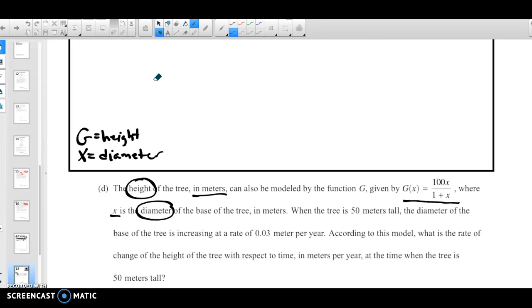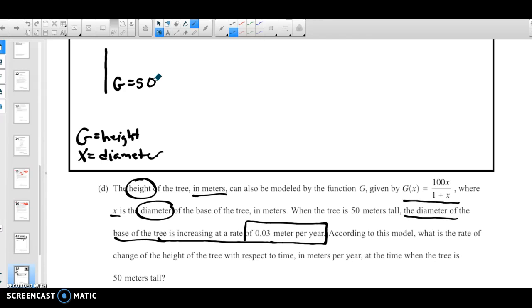When the tree is 50 meters tall, so when g is equal to 50, the diameter of the base of the tree is increasing at a rate of 0.3 meters per year. So I have a rate. This is the rate of change of diameter, and diameter in our problem is x. So dx/dt, when g is 50, equals 0.03. Is that number increasing? Yep, so I'll leave that as a positive number.